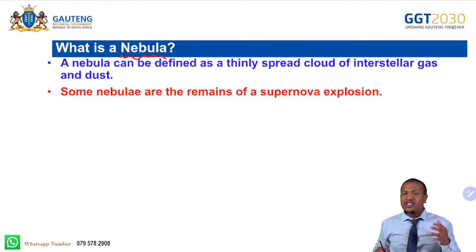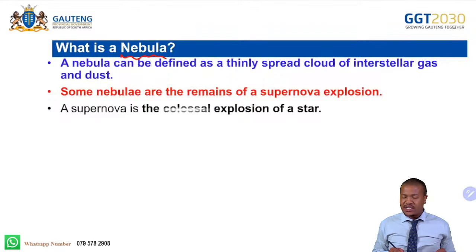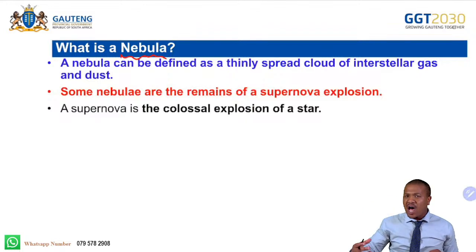A thinly spread cloud of interstellar gas and dust, right? So some nebulae now, they are the remains of a supernova explosion. So meaning what? When a star undergoes what? A supernova explosion, when it blows up, there are some remains that are going to form other stars, right?